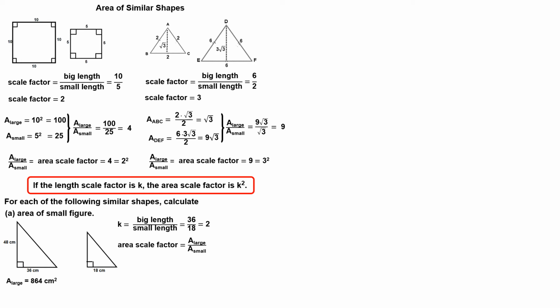The area scale factor is the ratio of the areas of similar shapes. Let's solve it for the small area. It's done. Pay attention in the next example.